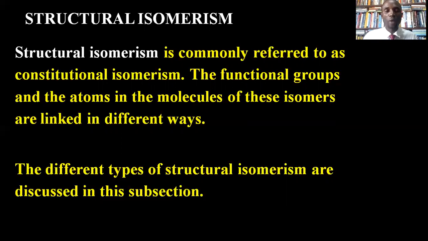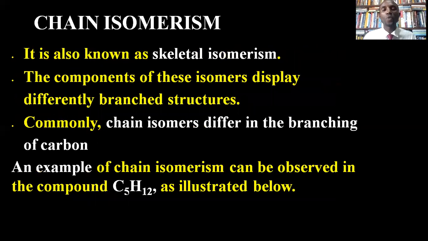Now, first one, number one, chain isomerism. What do we mean by chain isomerism? Chain isomerism is also known as skeletal isomerism. It has to do with the structure, the skeletal part of it. Here, the components of these isomers display differently branched structures.